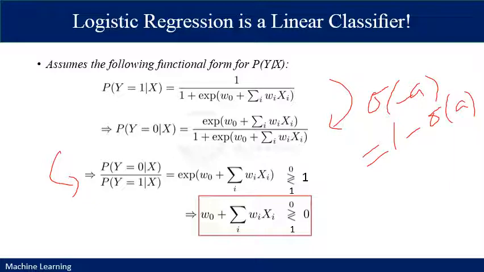So once you take 1 minus this expression, the result for the other class is equal to this, and taking the ratio results in the same linear formula. In terms of the exponent, it should be greater than or equal to, or less than or equal to, 1 for positive and negative examples, and subsequently results in our linear discriminant function.